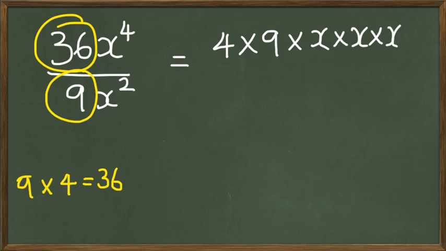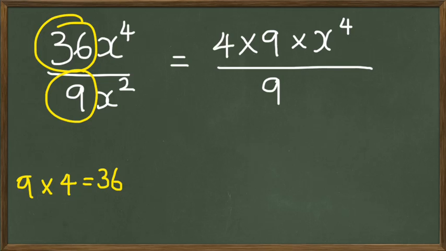It's just too long, so why don't we just get rid of all of them and just leave it as x to the power of 4. That divided by 9 times x to the power of 2. Now what you'll notice is, if you remember, we can cancel out the two 9's, because 9 divided by 9 equals 1.